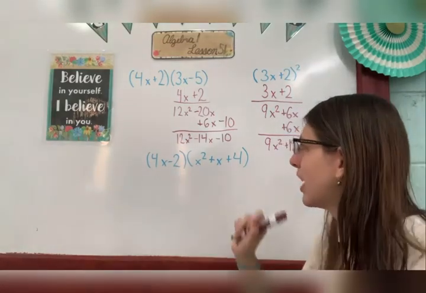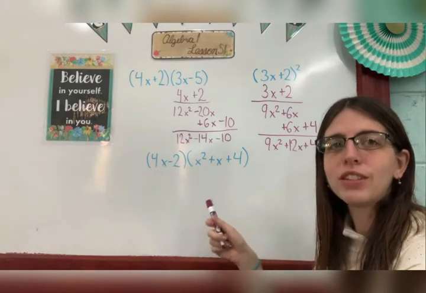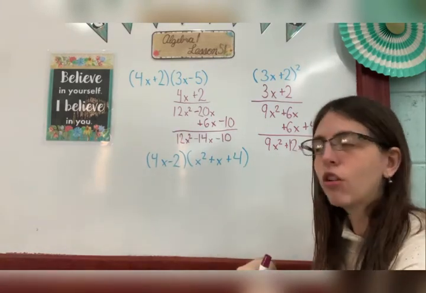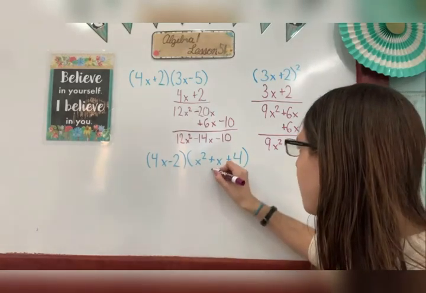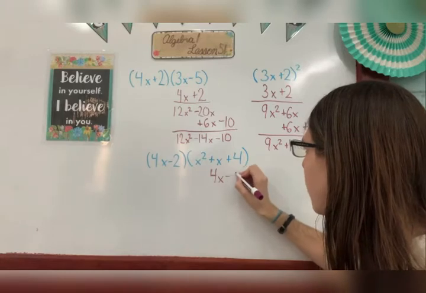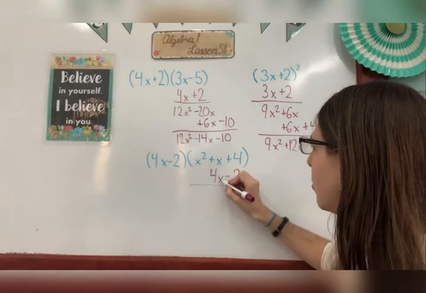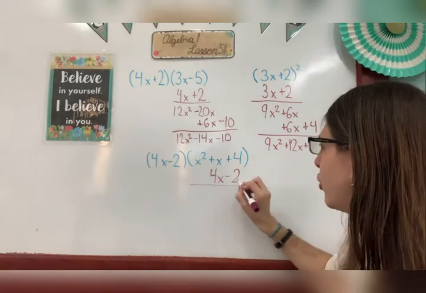4x minus 2 times x squared plus 4 plus x. So here I have a binomial times a trinomial, so it's a little bit longer. But I'm going to go ahead and put my binomial underneath of my trinomial and multiply. So I still multiply each term times each term here.